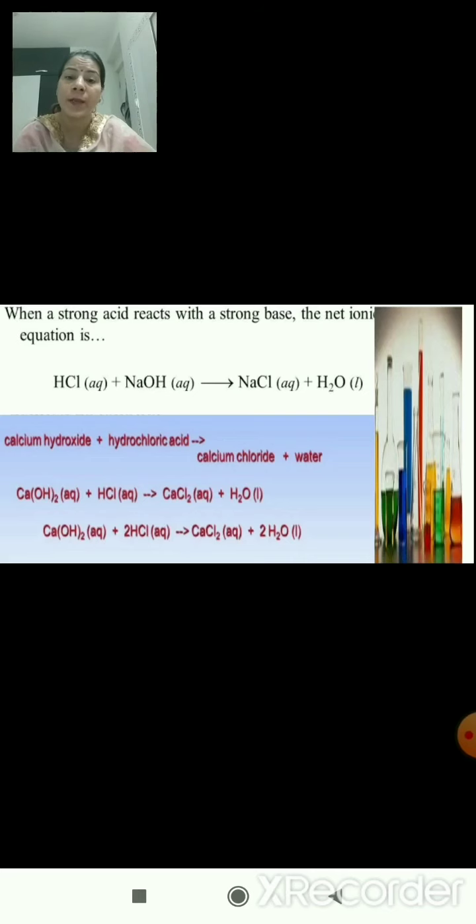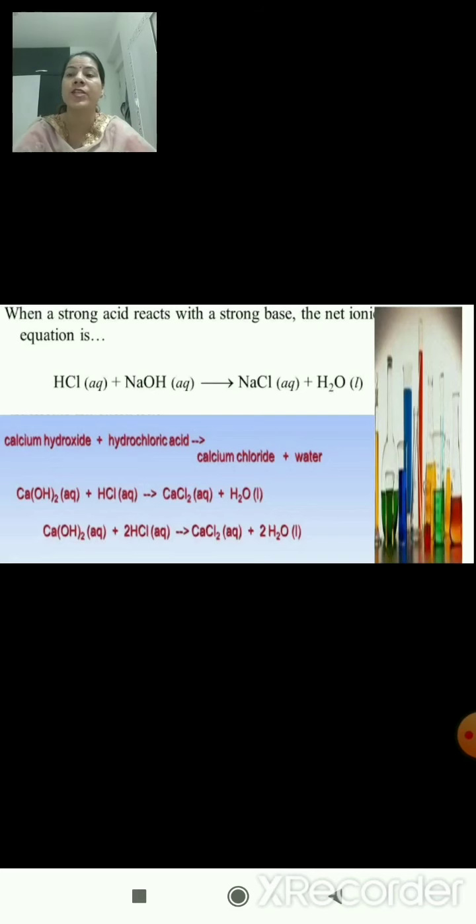One more example can be taken here to make you clear about the neutralization reaction, in which we can take calcium hydroxide and hydrochloric acid, and when we are adding these two, we are getting calcium chloride, salt, and water.